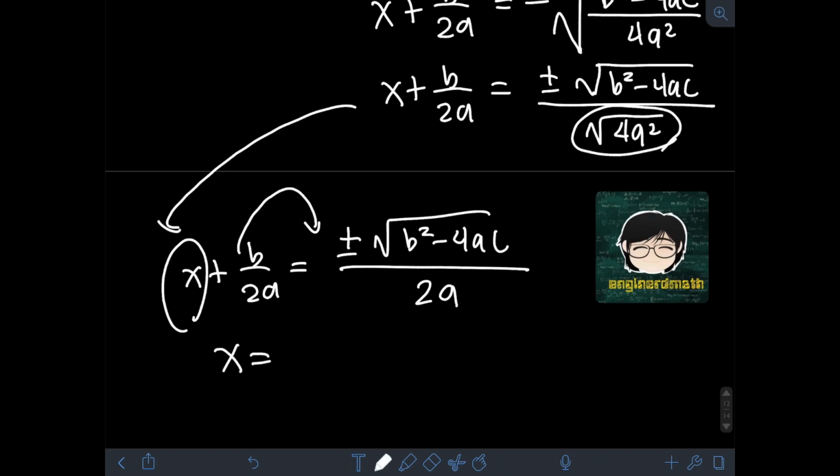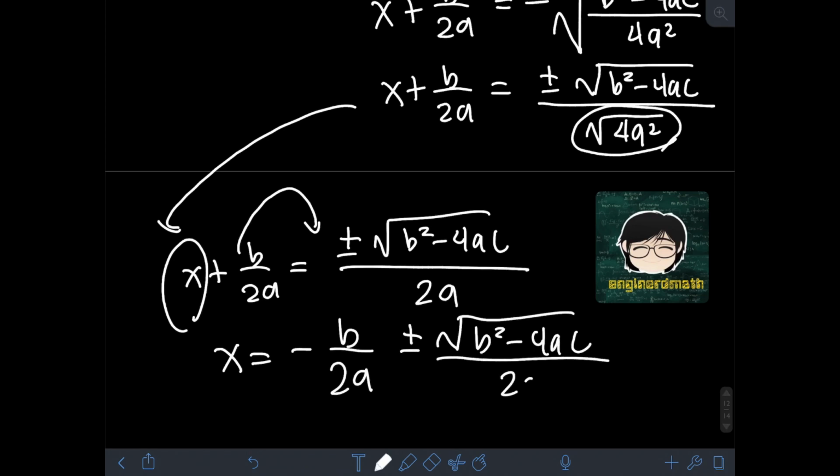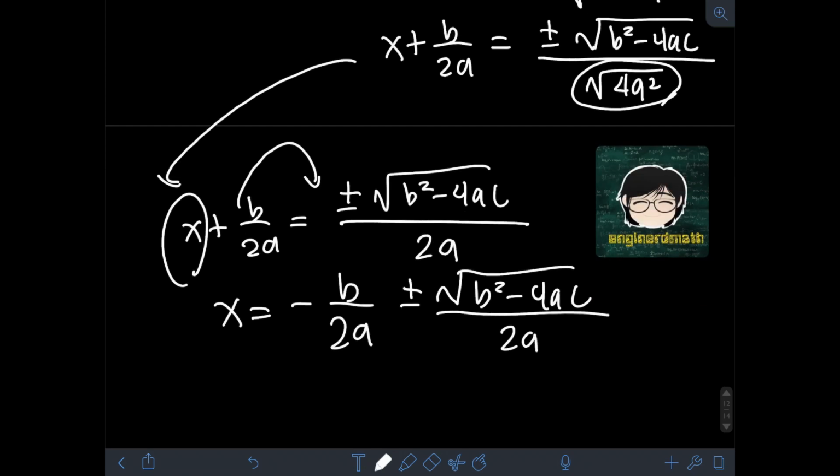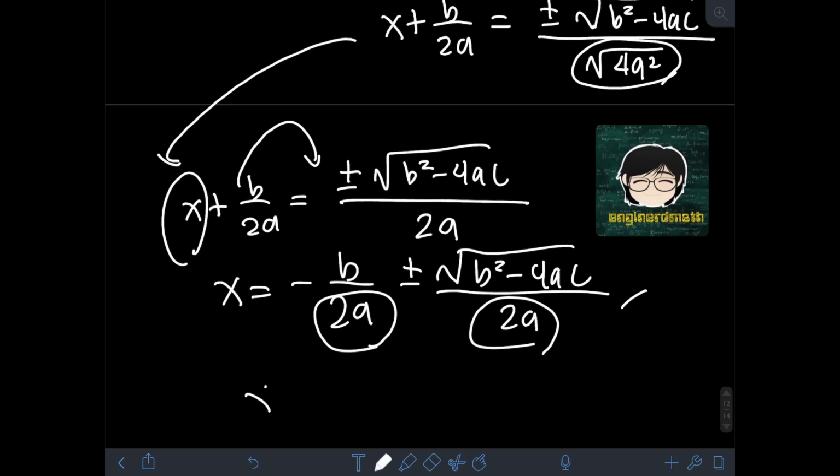So we have x is equal to negative b over 2a plus or minus the square root of b squared minus 4ac over 2a. Lastly, we can combine the expressions on the right as a single fraction. Since they have the same denominator, we just have to copy 2a and then combine the numerator as negative b plus or minus the square root of b squared minus 4ac.